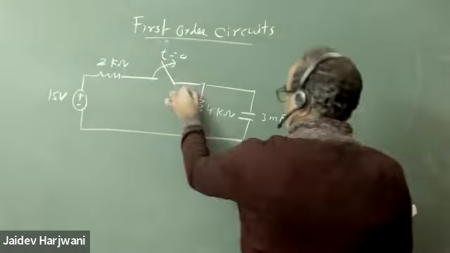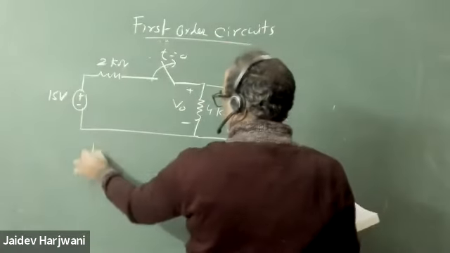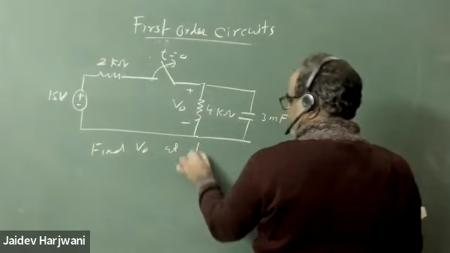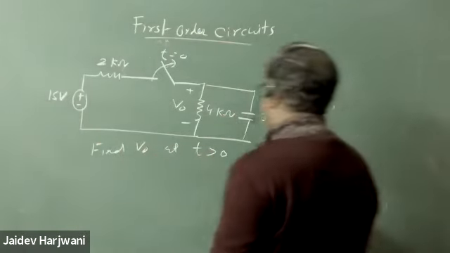It's asking, find V naught at time t greater than 0. This is your homework.